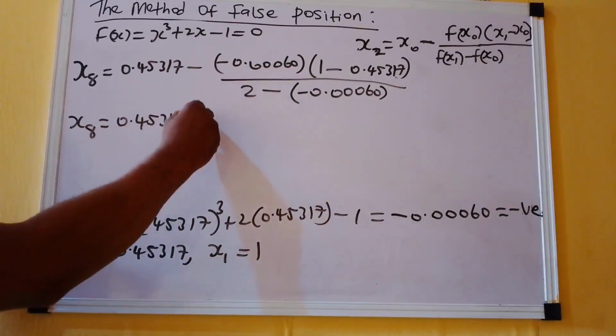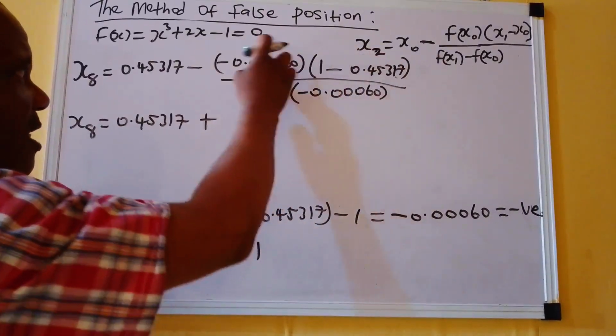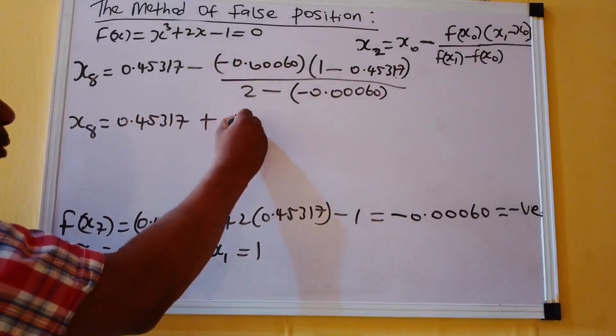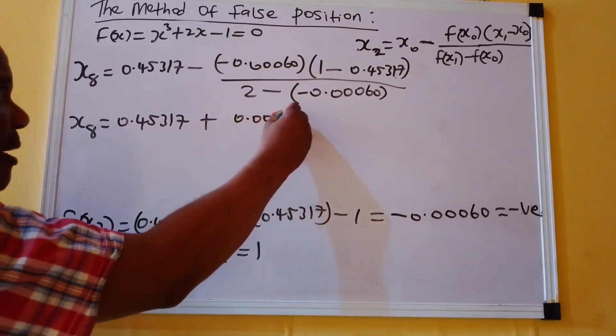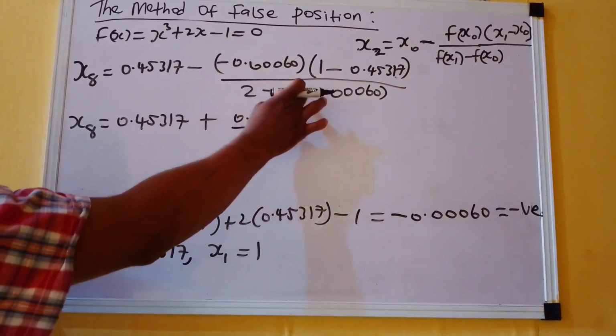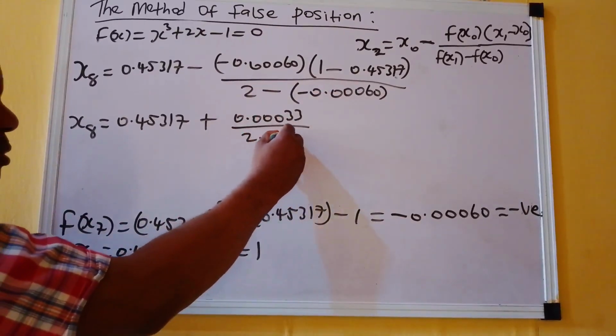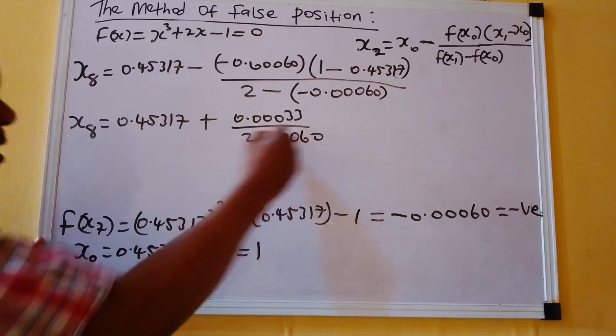So our x8 will now be equal to 0.45317, minus times minus is plus. 1 minus this multiplied by this, we are going to have 0.00033 all over, minus minus will be plus, 2 plus that will now be 2.00060.